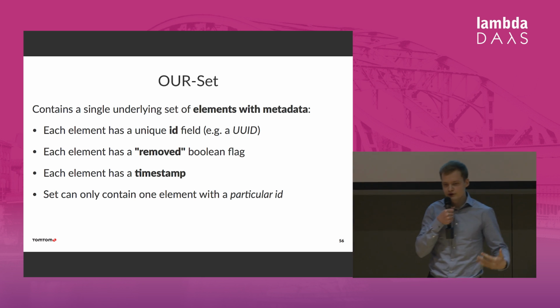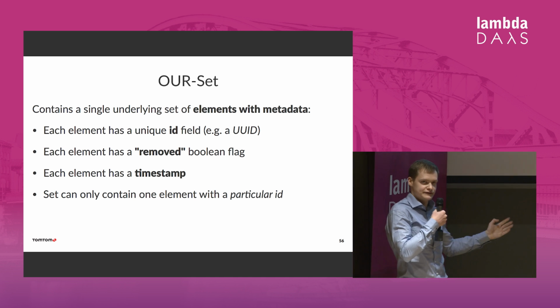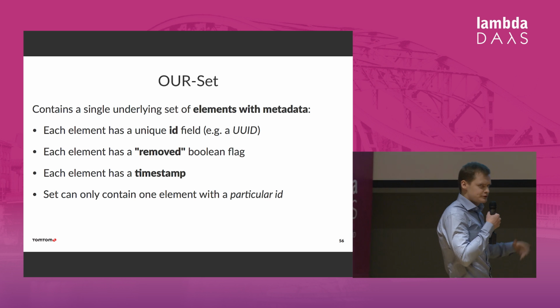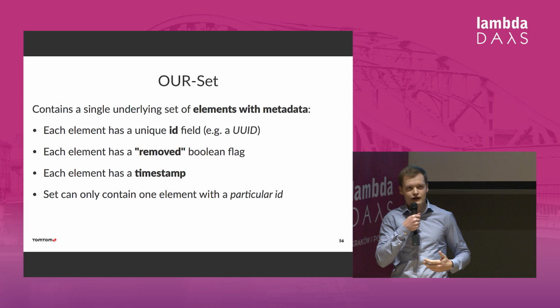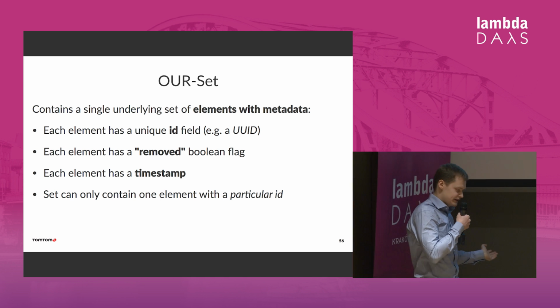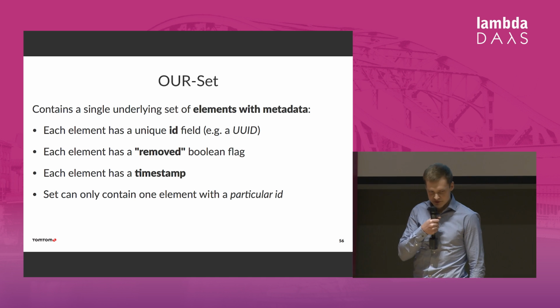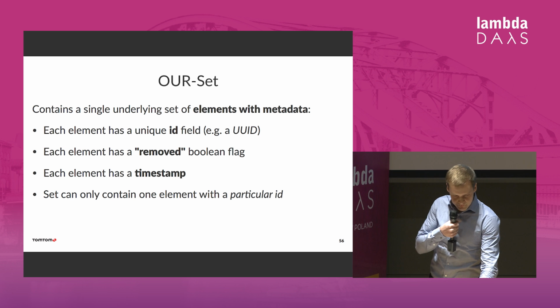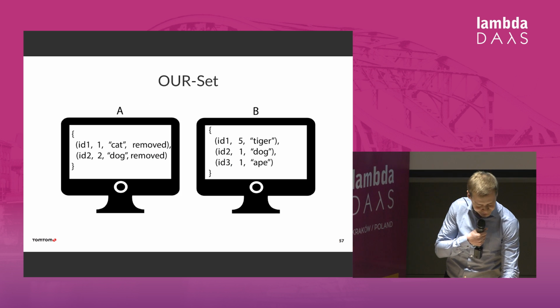Well, we could have modeled that as two separate sets for additions and removals. It's not a problem. We wanted to save some space, and we said, okay, if we introduce that discriminator field for marking the element as removed or non-removed, it actually works pretty well. And of course, the set can contain only one element with a particular ID.